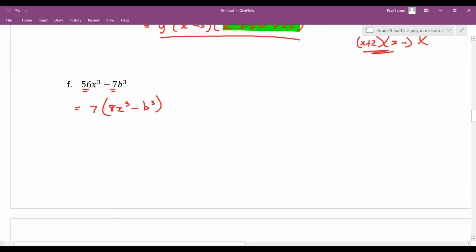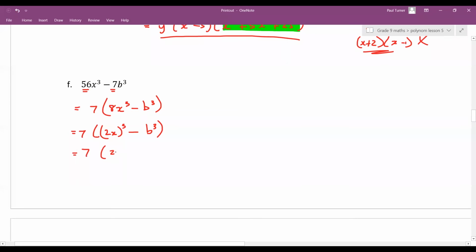Now 8 you change to be 2x all cubed, because 8 is 2 cubed and x is x cubed. So we write 2 cubed, 8, x cubed, minus b cubed. Now we have our form a cubed minus b cubed.